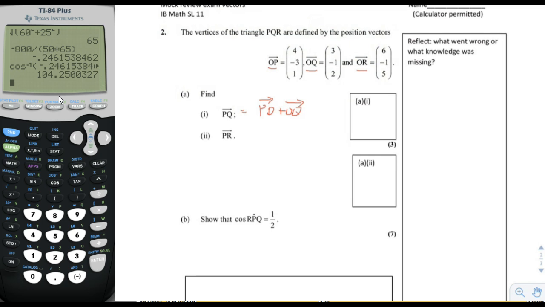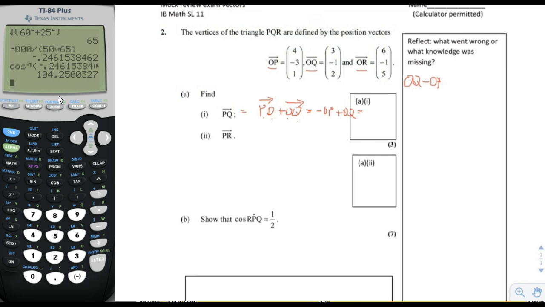Because P to O, then O to Q is the same thing as P to Q. Do we have PO? No, we don't, but we do have OP, so we could put negative OP plus OQ, which we do have. So we could just do OQ minus OP, actually. We'll do OQ minus OP.